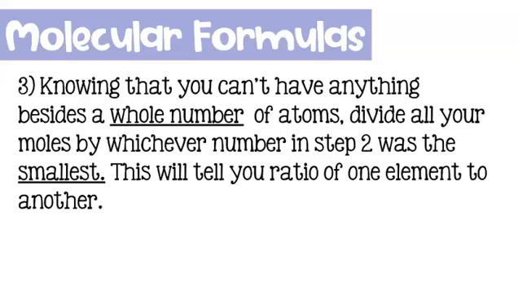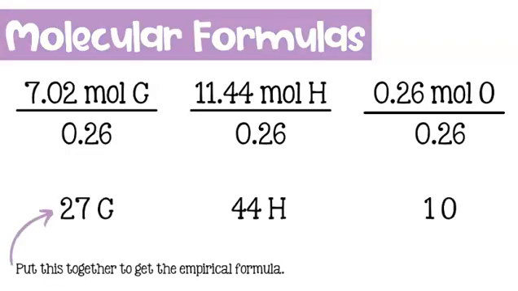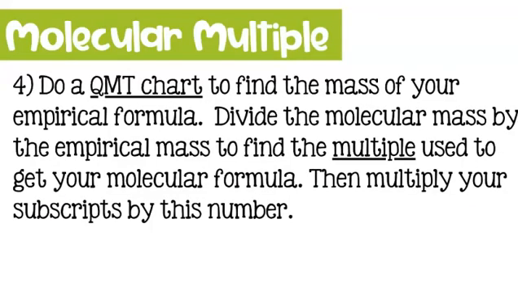Since we know we can't have anything besides a whole number of atoms, we're going to divide all of our numbers by 0.26, the smallest number. Doing so will give us 27 carbons, 44 hydrogens, and 1 oxygen as our empirical formula.